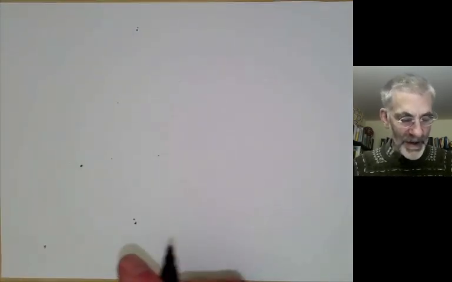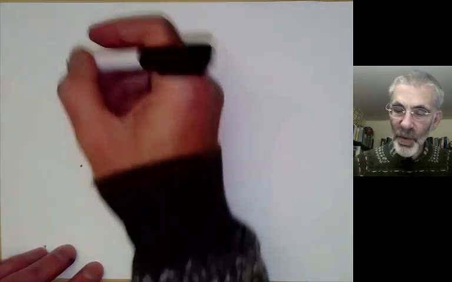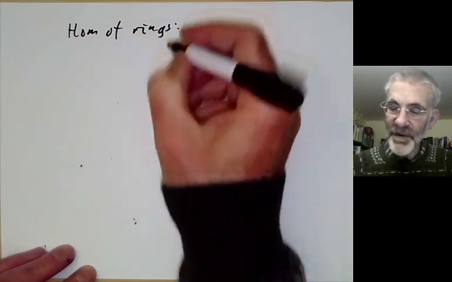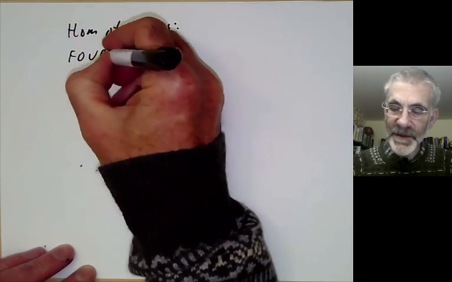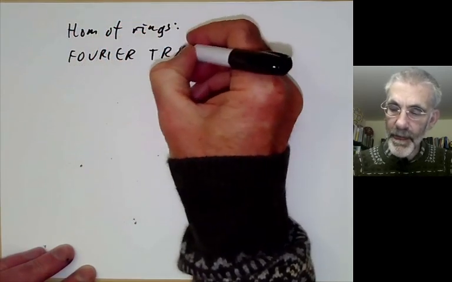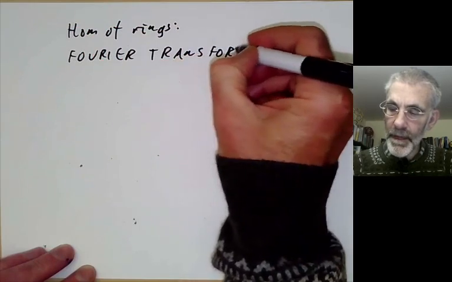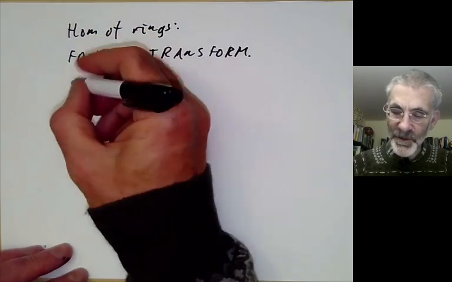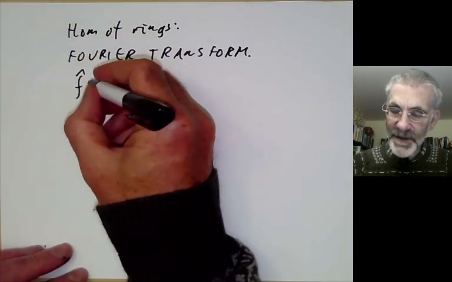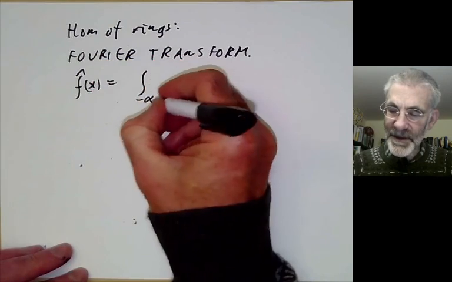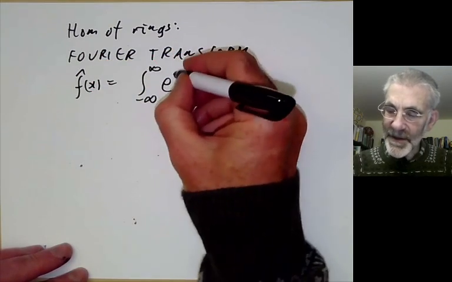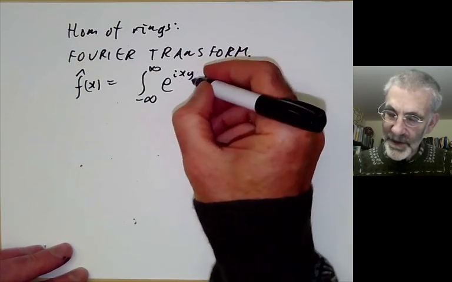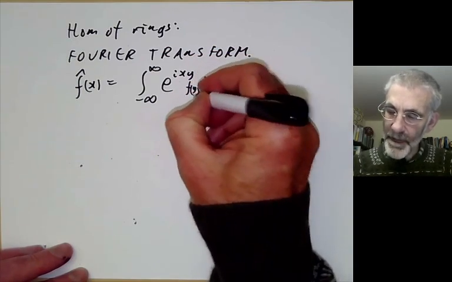Finally, we can actually give a nice example of a homomorphism of rings. One example of a homomorphism of rings is the Fourier transform. You remember in analysis there's something like a Fourier transform, which, with one normalization, is defined by f-hat(x) is the integral from minus infinity to infinity of e^(ixy) f(y) dy.